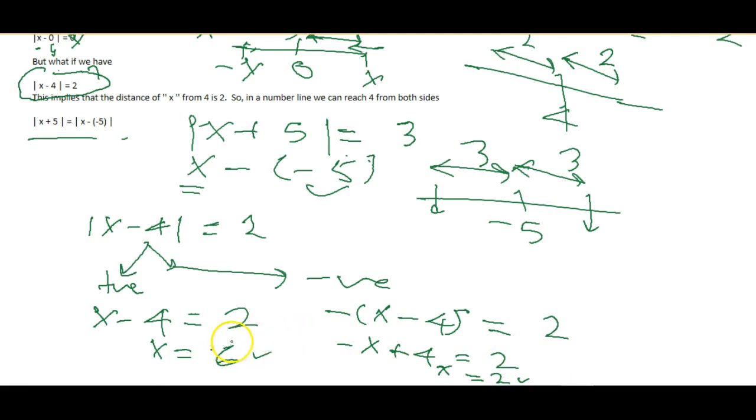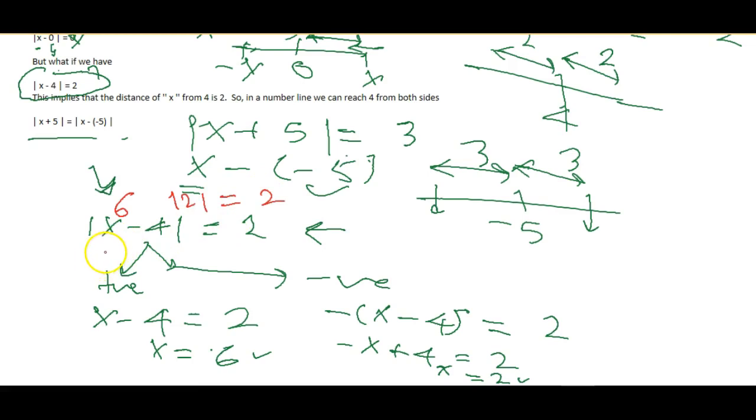Now let us put these values into this equation and check whether they are satisfying this or not. This is a very important step which one cannot miss. Whenever you get some values, you have to put and check it back. So if I put 6, then 6 minus 4 will be 2, and mod of 2 is equal to 2.